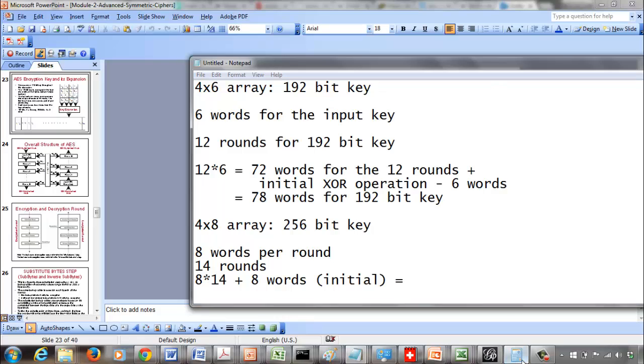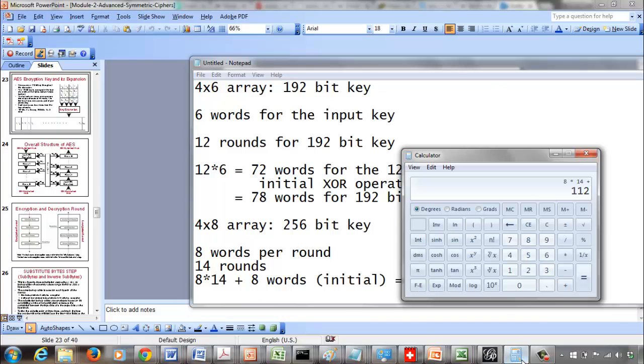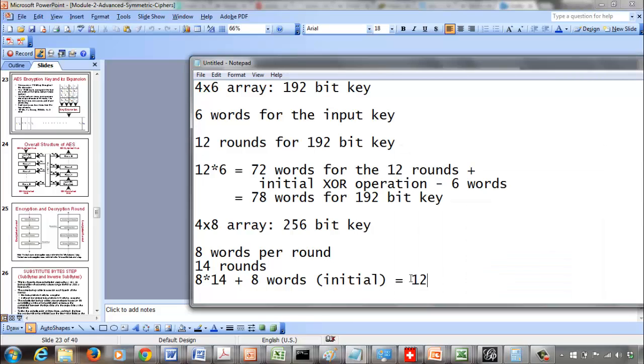So that's going to be 8 times 14 plus 8, which is 120 words. So this is the length of the key schedule for the 192-bit and 256-bit keys.